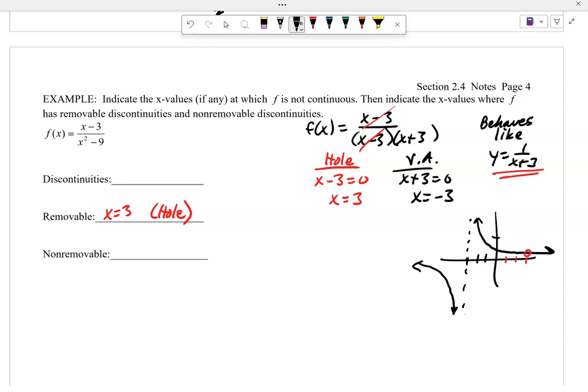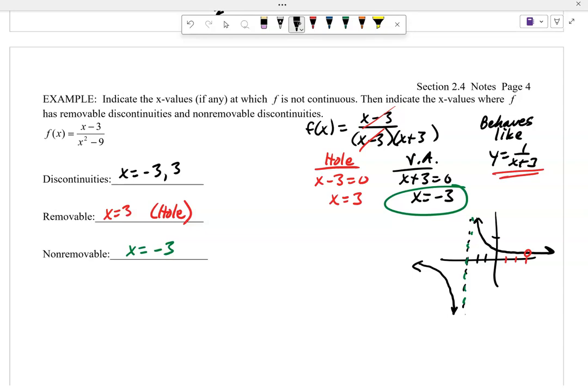So where are my discontinuities? Well, I have two of them. One's a removable one. The other one's that vertical asymptote, right? That also is a discontinuity, but it's a non-removable discontinuity. But both of them are discontinuities. Negative 3 and 3 is where this thing is not defined.